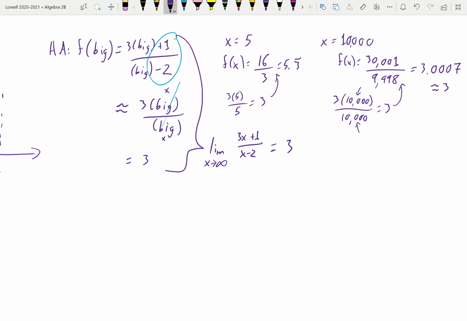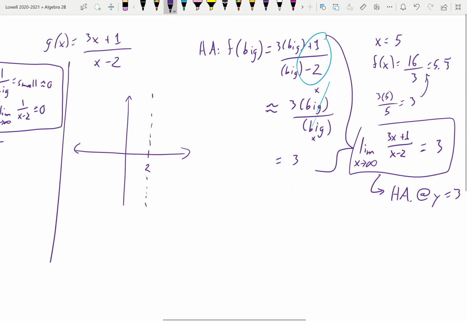Because again, that plus 1 and that minus 2 in the numerator and denominator are relatively insignificant when x is really, really big. And so you can eventually just eliminate them, and your resulting value, the y value that this function gets closer and closer to, is y equals 3, which means that our horizontal asymptote is at y equals 3.